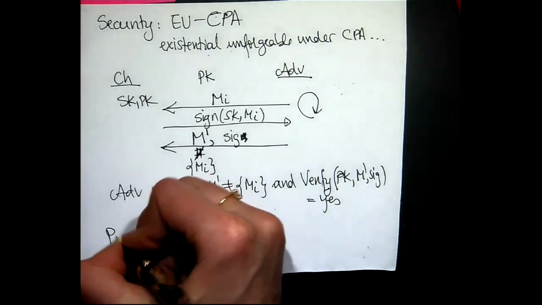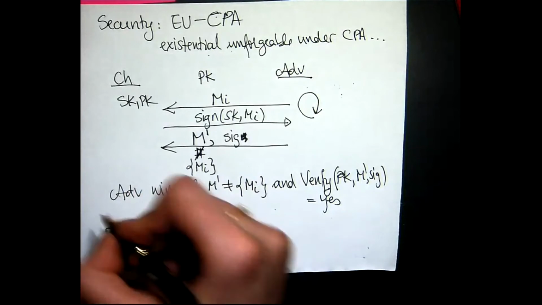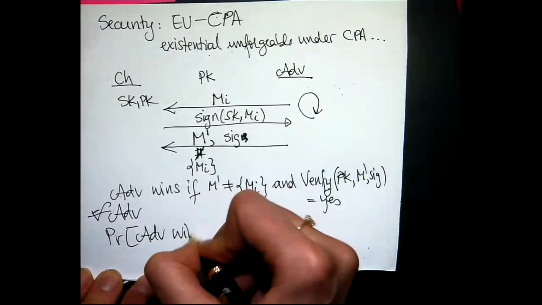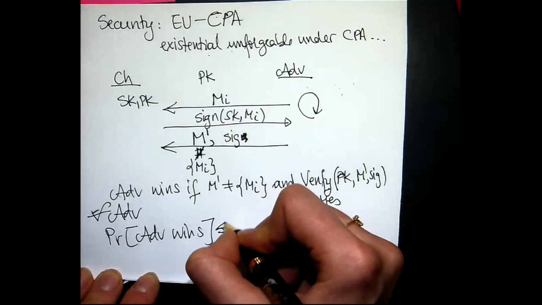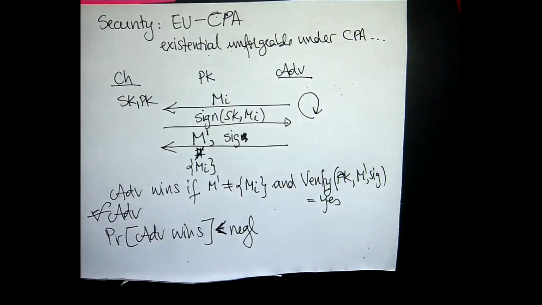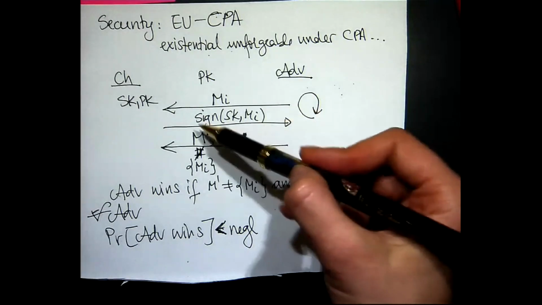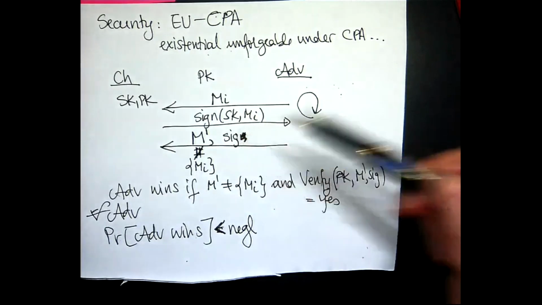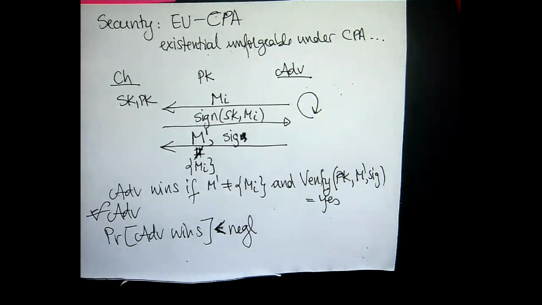So what we want is that for all adversaries, the probability that the adversary wins in this game is negligible. Okay, so this is the same game as for MACs, and basically what it says is that the adversary can get as many signatures as he wants for different messages, but he won't be able to forge a signature for a new message.